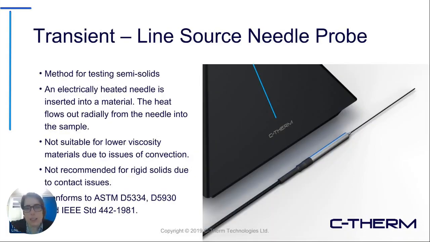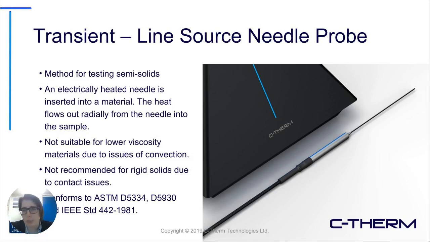The final set of application examples is the transient line source, or needle probe sensor. This method is ideal for testing semi-solids and very viscous materials, like bituminous oil sands if they're very soft, and it's also good for testing unconsolidated materials like sands or gravels. It's not really suitable for lower viscosity fluids because you'll get some convection issues.